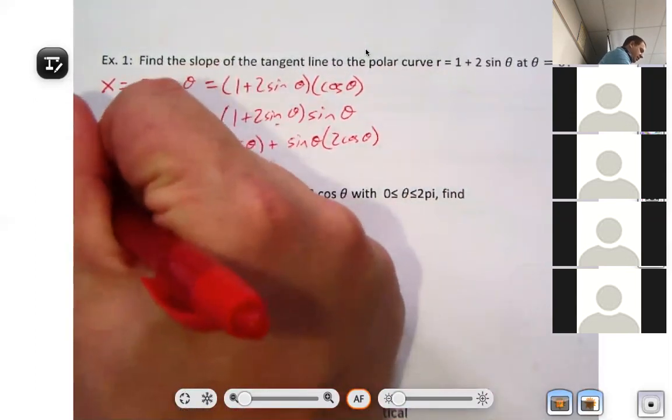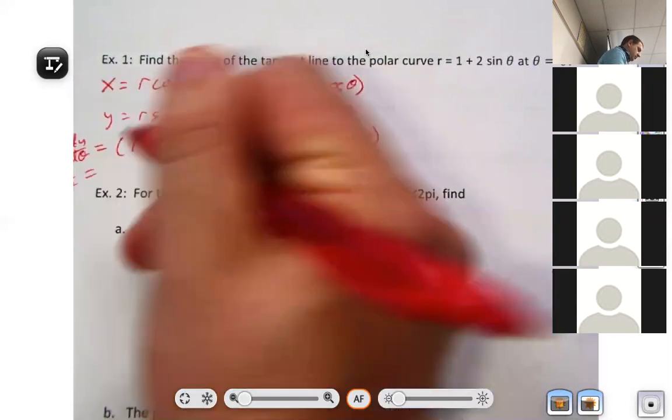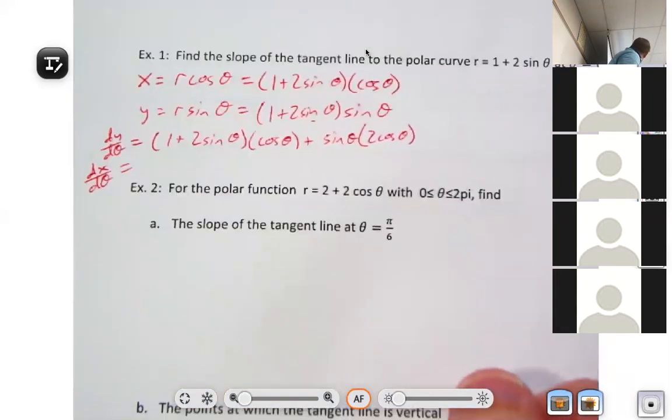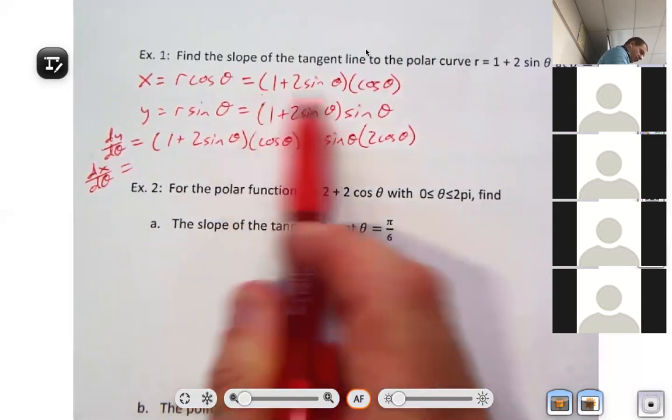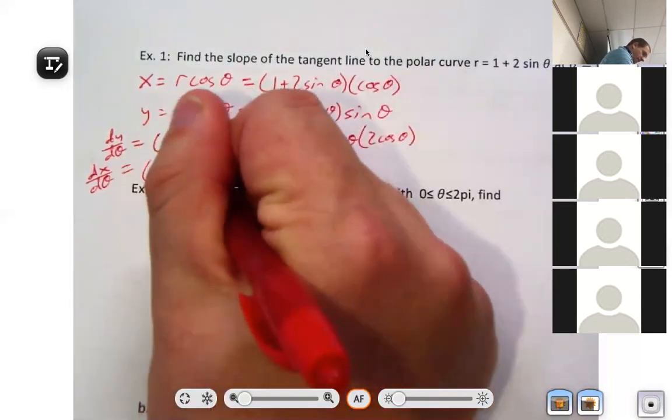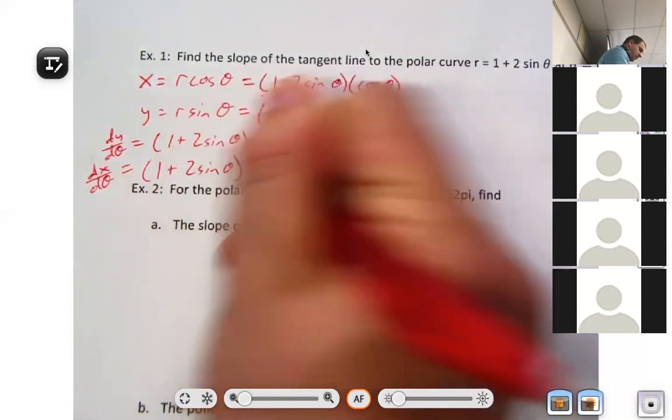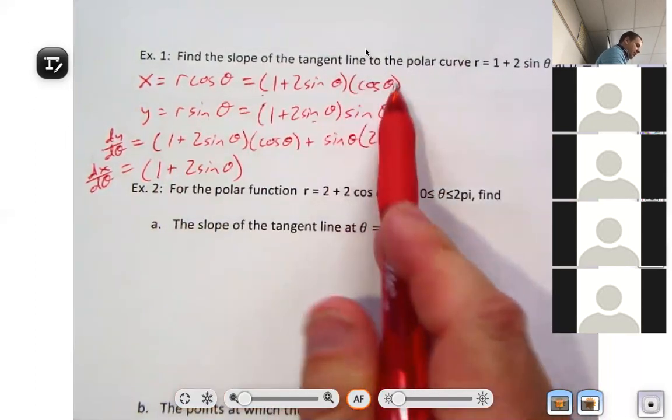And then we do the same thing with dx d theta. So first, derivative of the second, so negative sine.